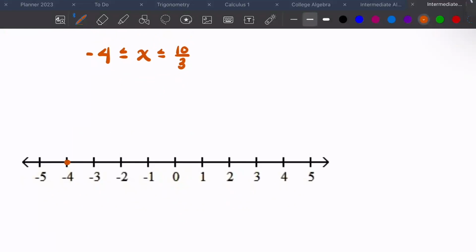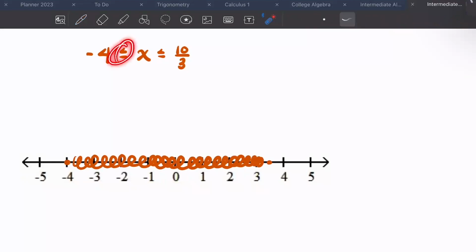Let's put it on a number line. Negative 4, and 10/3 is 3 and some change, so let's just put it there. And remember, x is in the middle. This is the same rules as your compound inequality. X is in the middle, so we color in the middle. Both of our inequality symbols have equal to signs, so they're both going to have brackets.